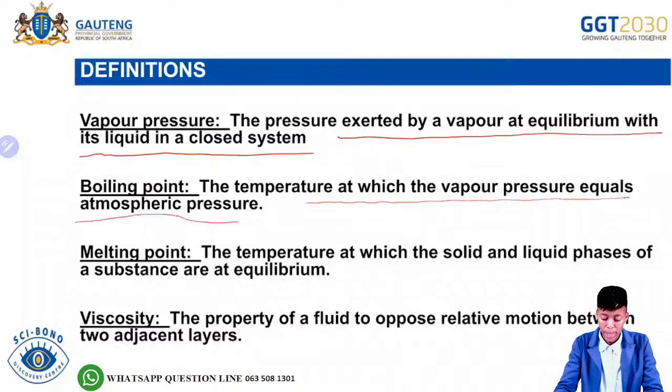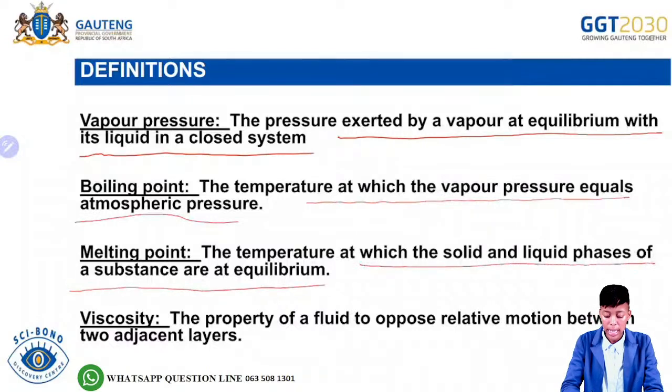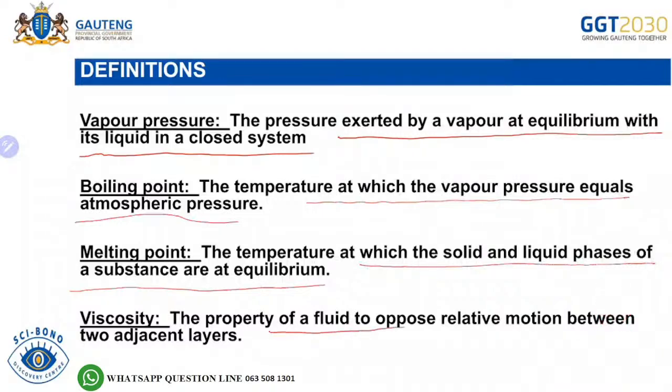Then melting point: the temperature at which the solid and liquid phases of a substance are at equilibrium. Then viscosity: the property of a fluid to oppose relative motion between two adjacent layers. So remember the definitions.